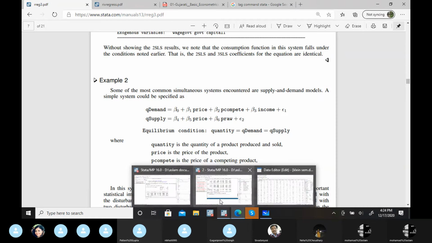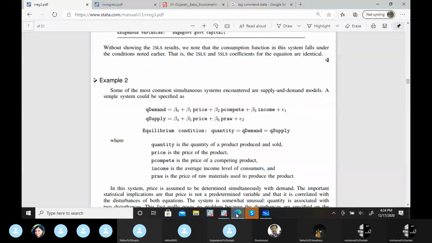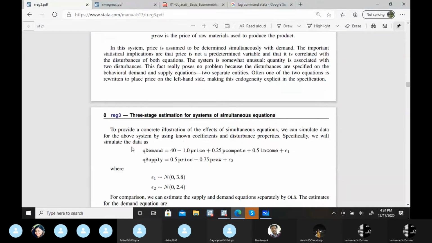Simply, this command you can use to check this. Check reg3, then models, and just copy these models if they have been entered.